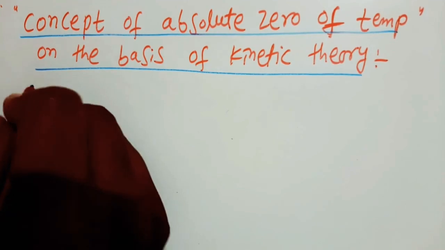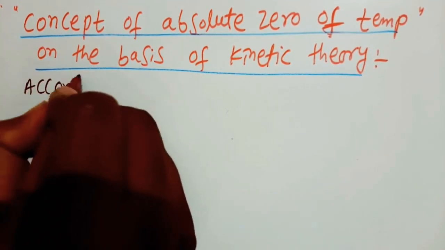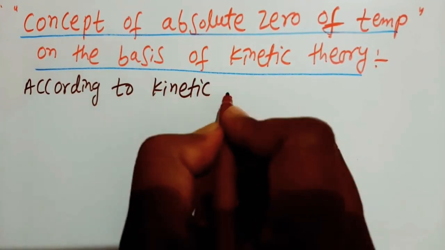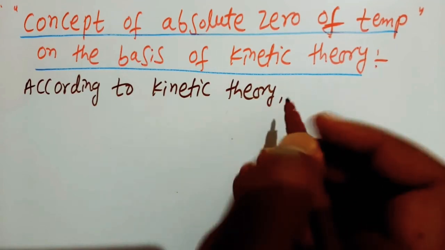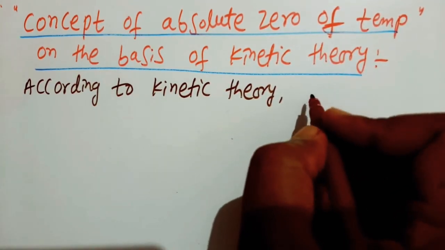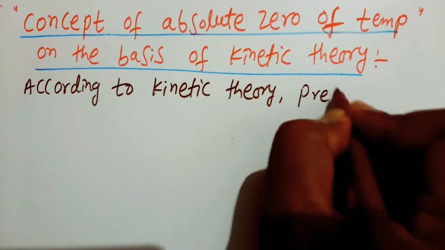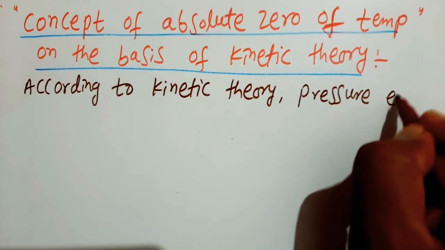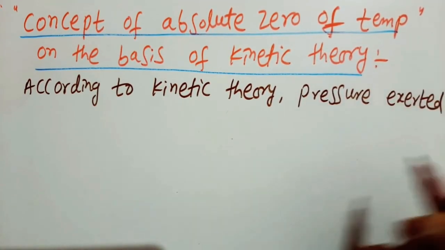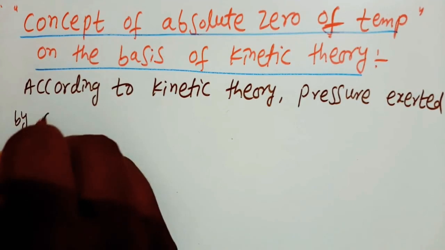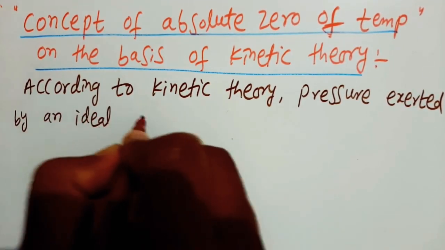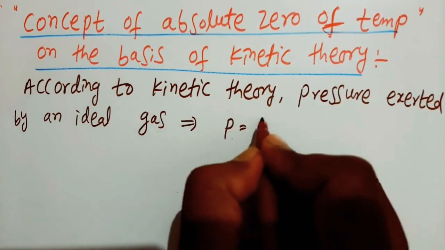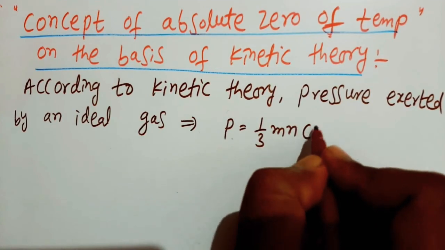According to kinetic theory, we know the pressure exerted by an ideal gas is P is equal to 1 by 3 mn c square.